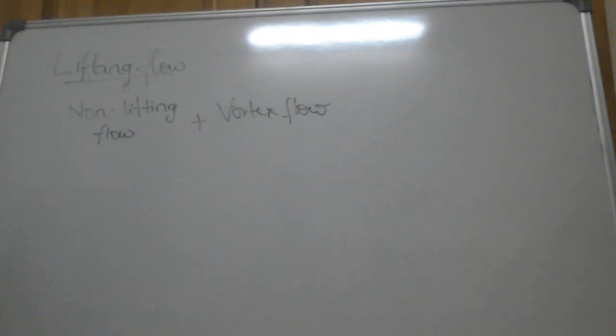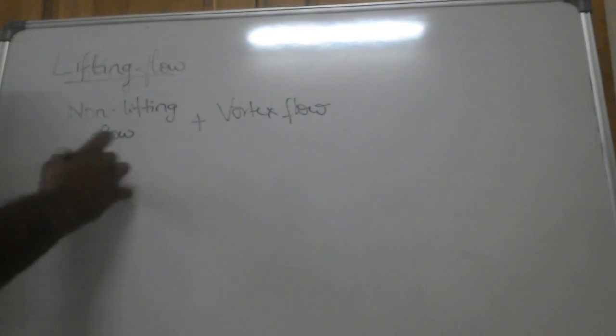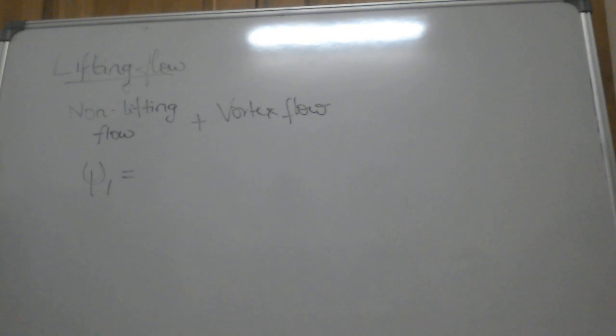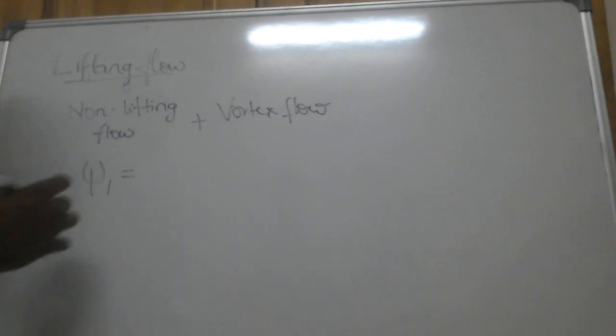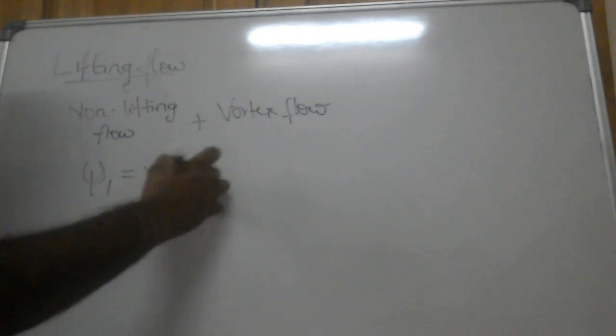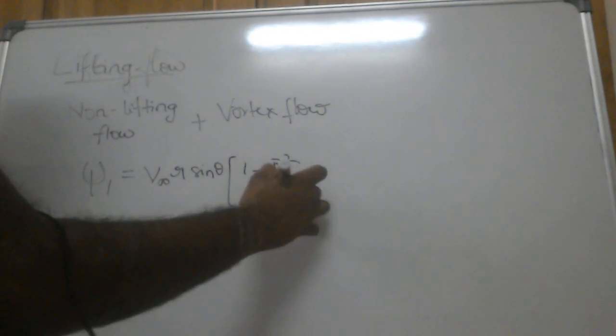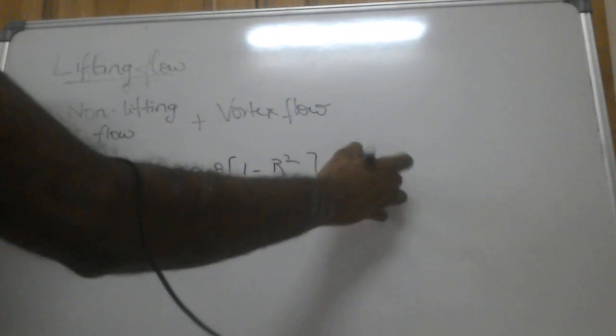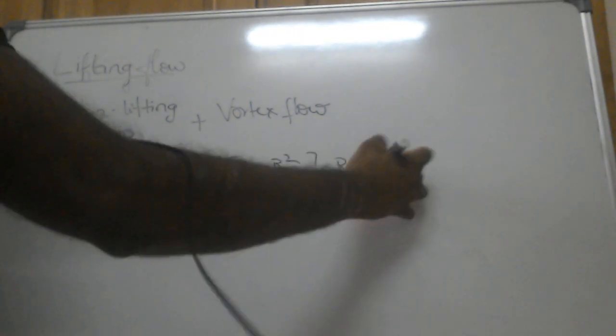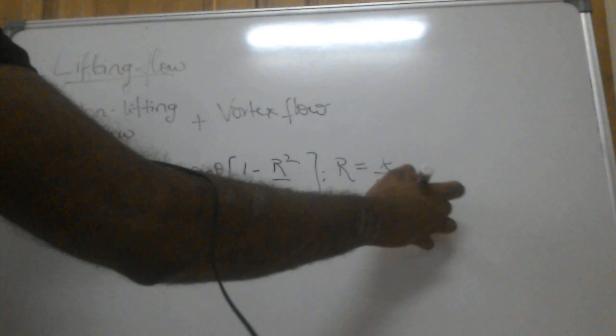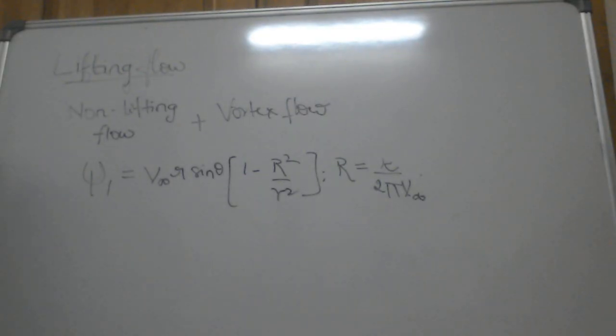So in a couple of videos before this, I had explained how the non-lifting flow is modeled, and if you recollect or if you refer back, you would know that the stream function associated with the non-lifting flow is given by psi 1, which is V infinity r sine theta into 1 minus capital R squared by small r squared, where the capital R is the radius of the cylinder, which is given by kappa by 2 pi V infinity, kappa being the strength of the doublet.